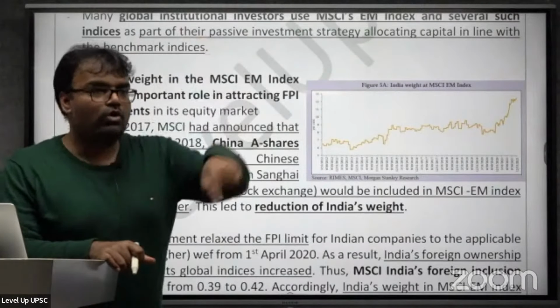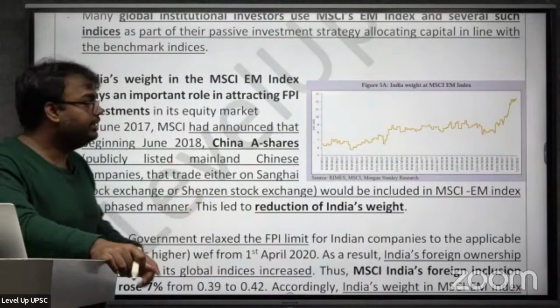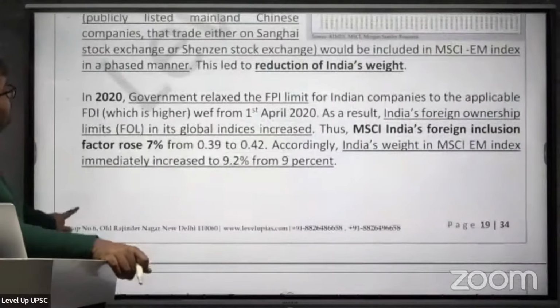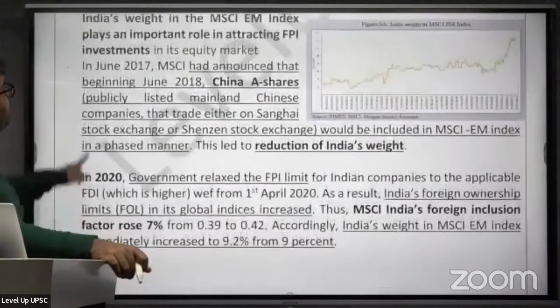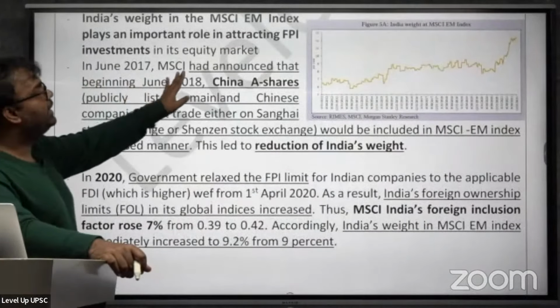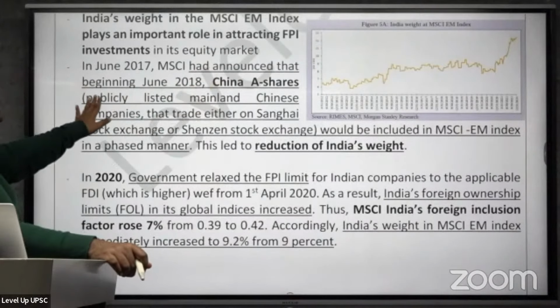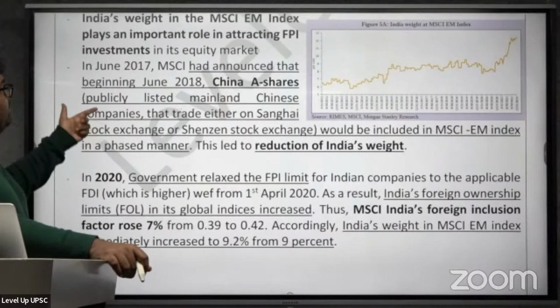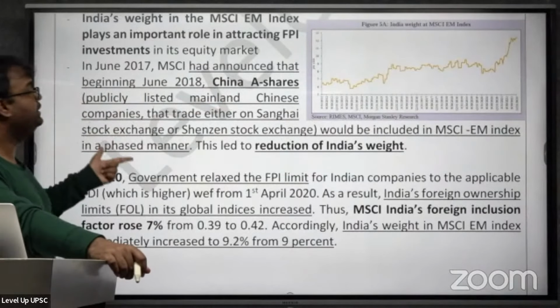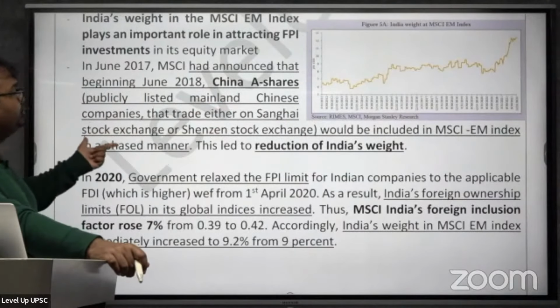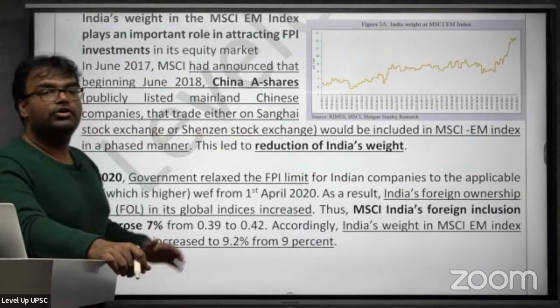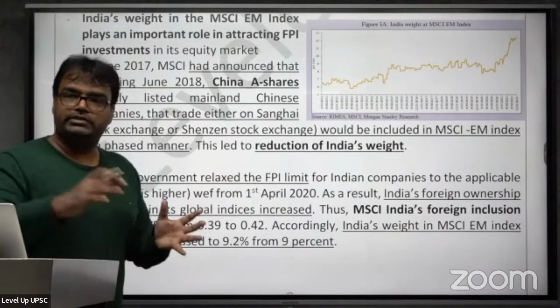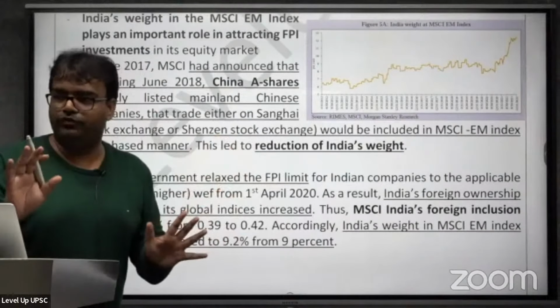So in terms of overall weight, Indian shares would reduce. In June 2017, MSCI announced that beginning June 2018, China A shares, publicly listed mainland Chinese companies that trade either on the Shanghai Stock Exchange or Shenzhen Stock Exchange, would be included in this list. When China shares get included, the overall weight of India goes down.